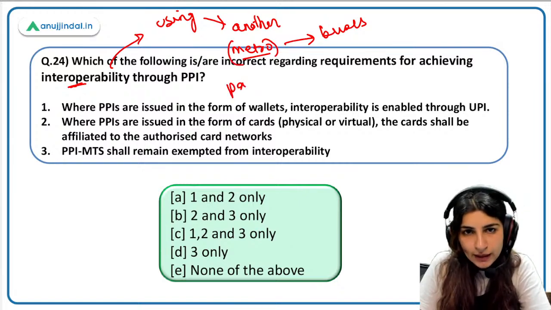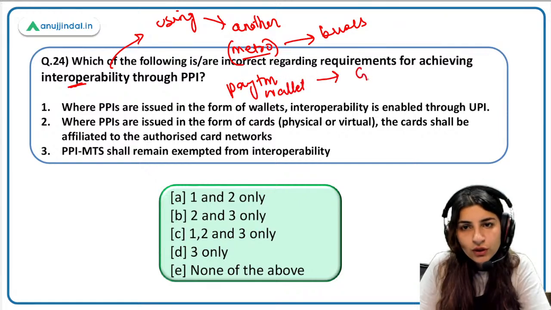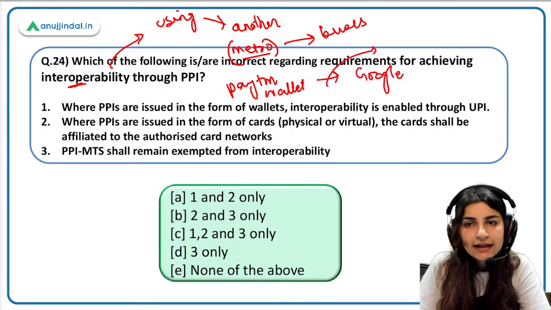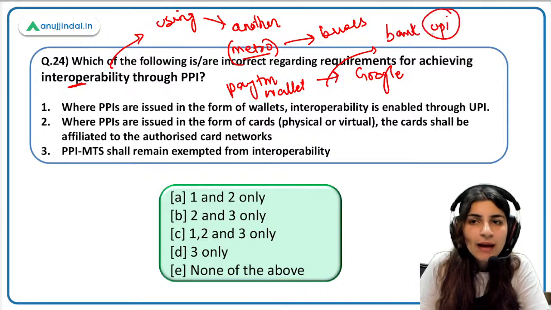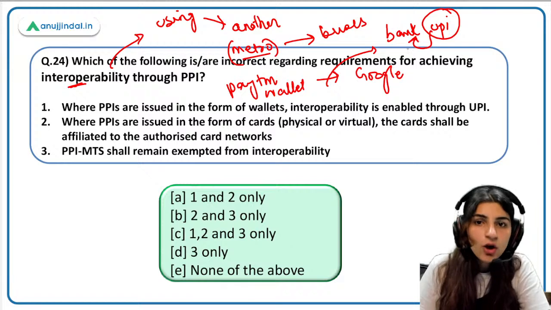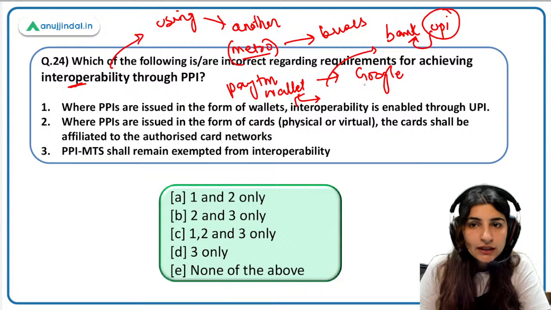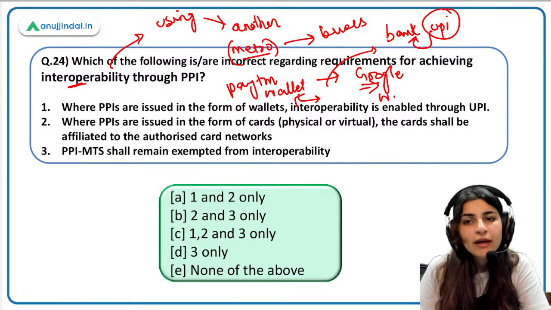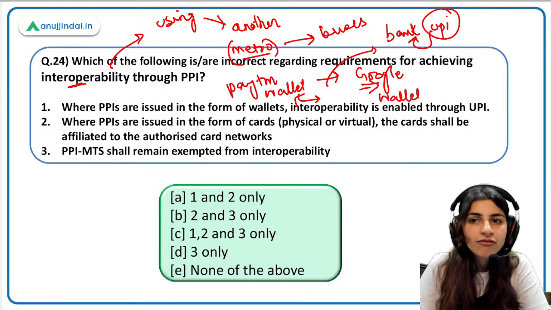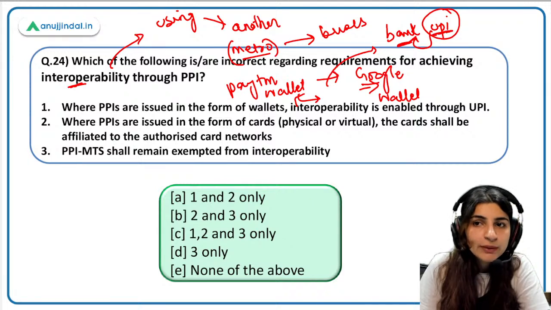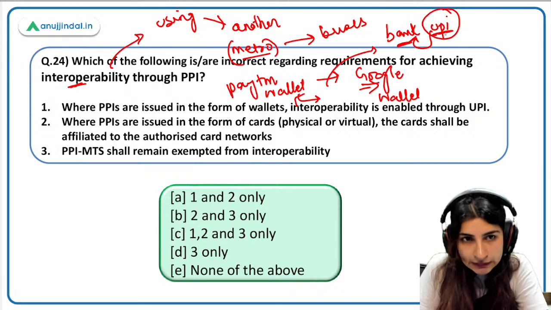Similarly, if you have a Paytm wallet and you have to transfer money to somebody who is using Google Pay, or let's say directly to somebody's bank account, so using UPI you can make bank account में transfer directly, or Paytm wallet से Paytm wallet में तो होता ही है, that is there. But if you have to transfer money to Google wallet or Amazon Pay या फिर bank account में, this is done through UPI. This process is interoperability.